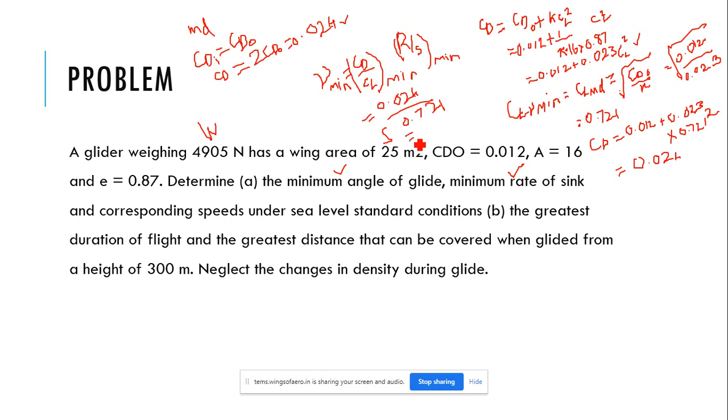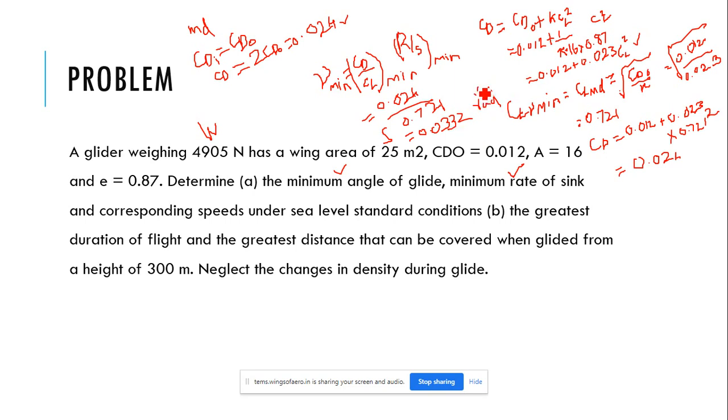Okay, so we will get the value like 0.0332 radian. So this is the value we will be getting for gamma minimum.